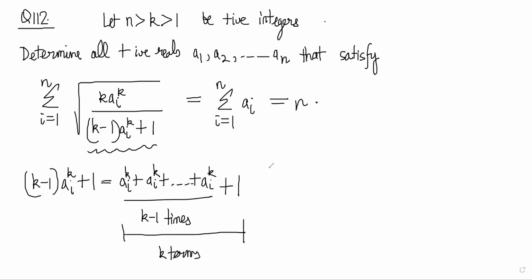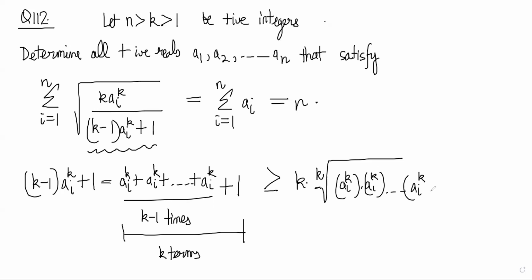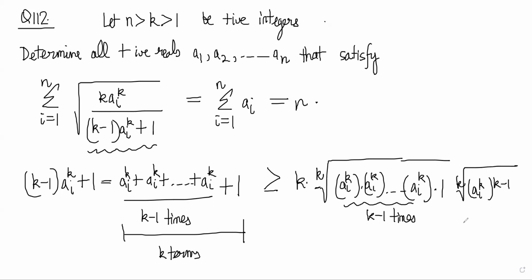So we can say that this will be greater than or equal to k times the kth root of ai power k times ai power k and so on, ai power k times 1. And this has been repeated k minus 1 times. So if you think about it, the quantity inside the radical will become ai power k to the power k minus 1, and you have to do the kth root of this. So this will come out to be ai power k minus 1, and there is a k outside.